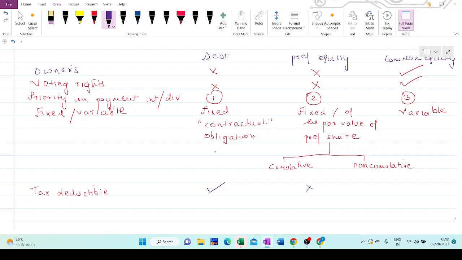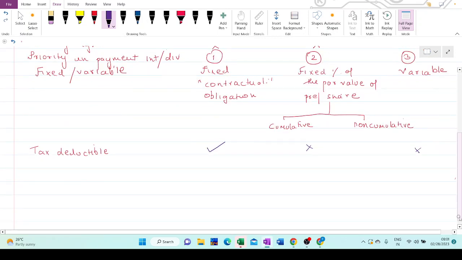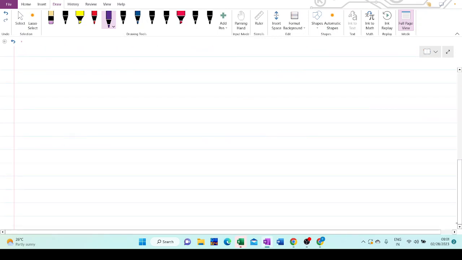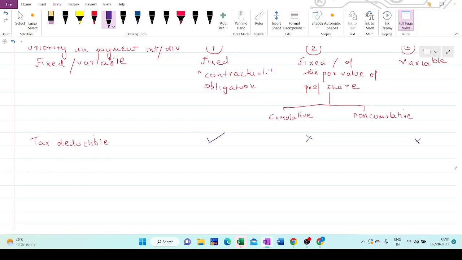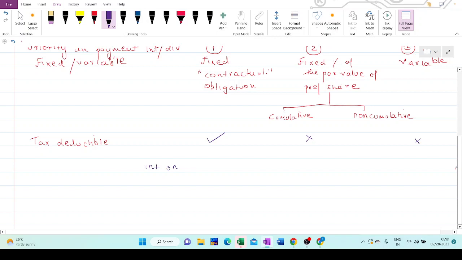No. In the previous session itself, we had discussed that interest on debt is deducted from your EBIT to calculate PBT.